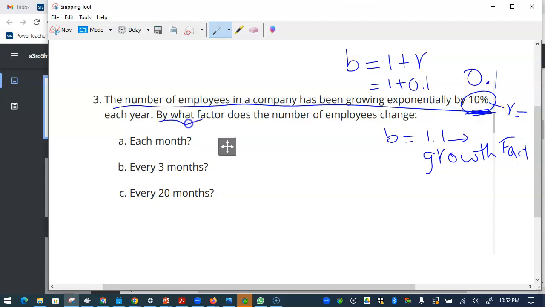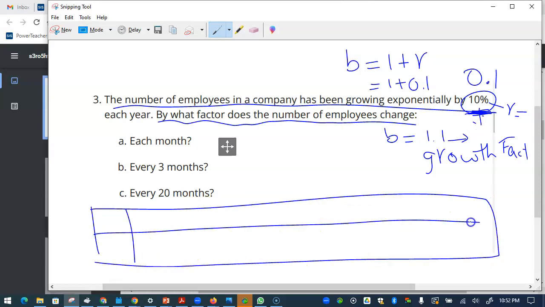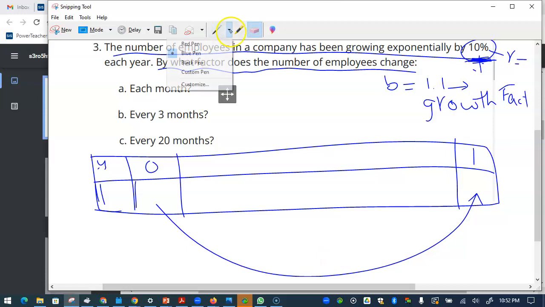Now the question is asked, by what factor does the number of employees change? Because in a year, let's see the year, suppose there are some employees here. So if I write, this is, let's say, year 0, and there is year 1 here. From here to here, the growth factor is 1.1. So you have to multiply by 1.1.